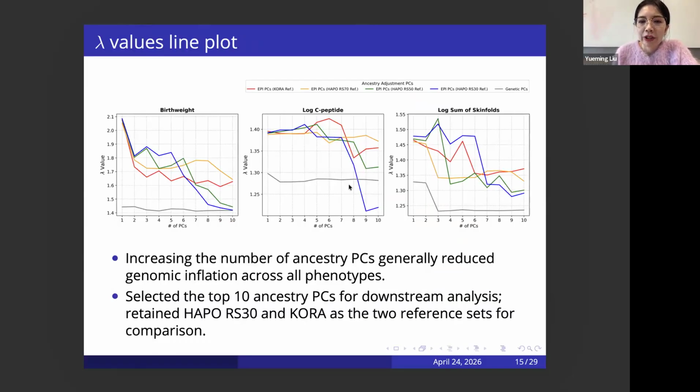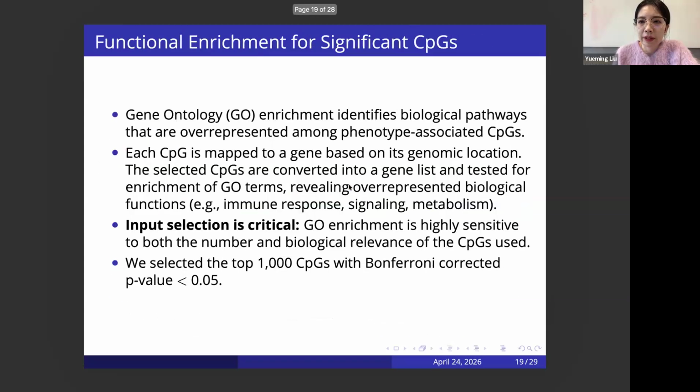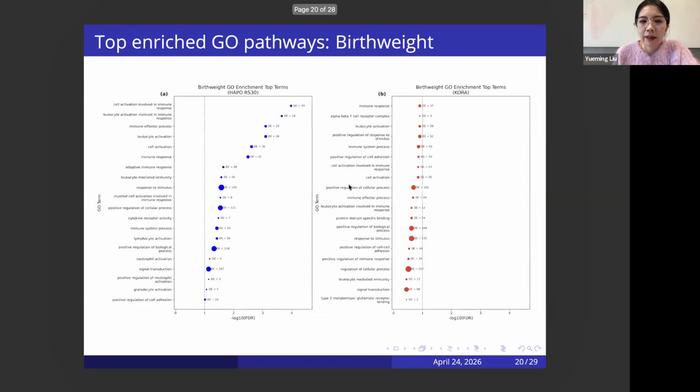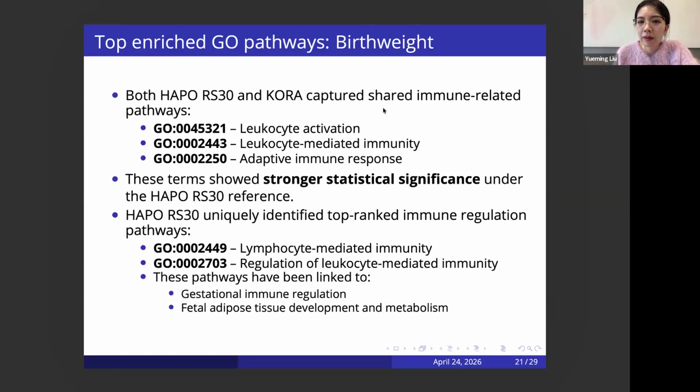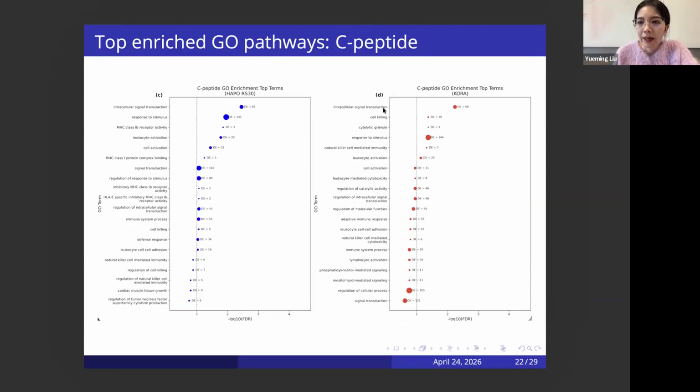I didn't put the figures for the GO enrichments and trait enrichment for genetic data here, but we also have a similar analysis on the genetic PCs. The performance is pretty much like the CORA one. It is not able to capture as much of those strong biologically relevant pathways here.